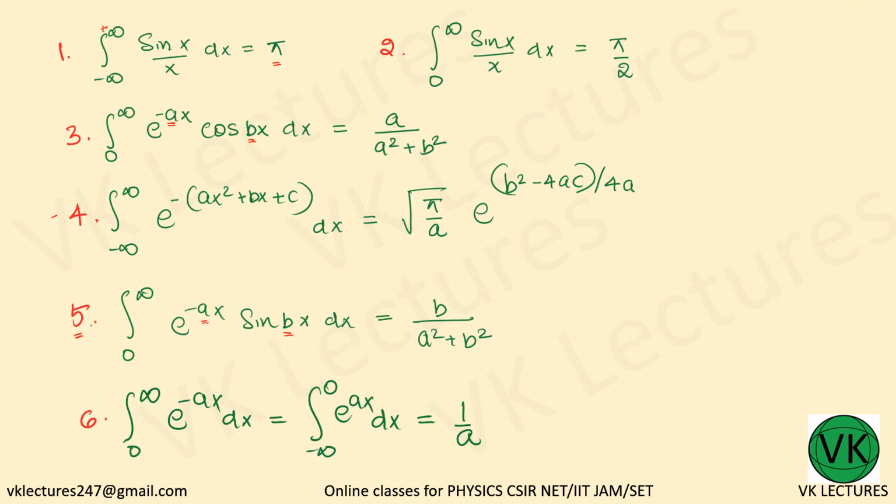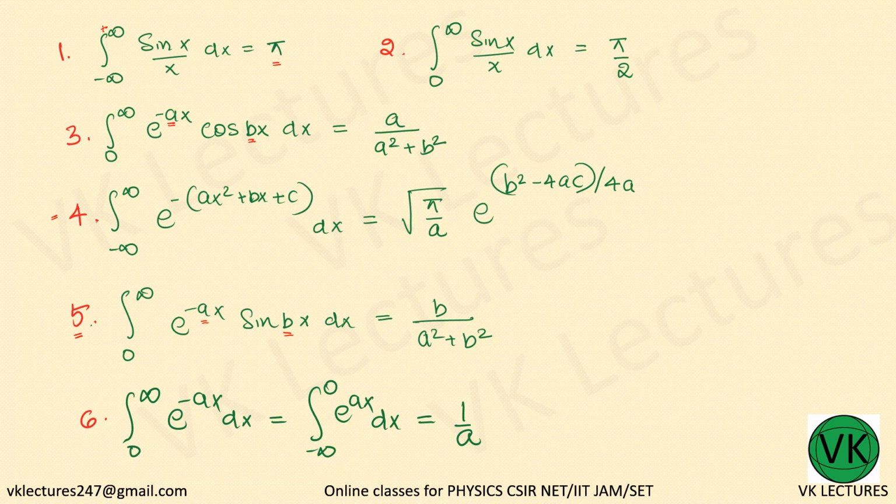Now the fourth, here we have the integral from minus infinity to plus infinity of e to the power minus of ax square plus bx plus c. This is similar to a Gaussian function, and it is equal to root of pi by a times e to the power b square minus 4ac by 4a.